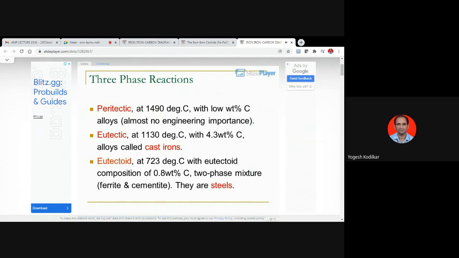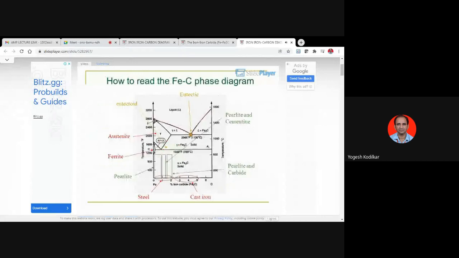Eutectoid at 723 degrees C, a two-phase mixture of ferrite and cementite. They are steels. How to read the phase diagram: eutectic, eutectoid, pearlite and cementite, austenite, ferrite, steel, cast iron.